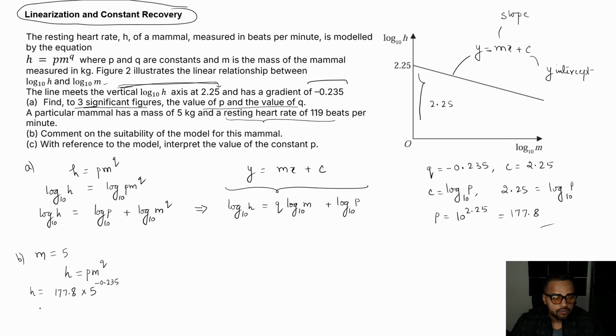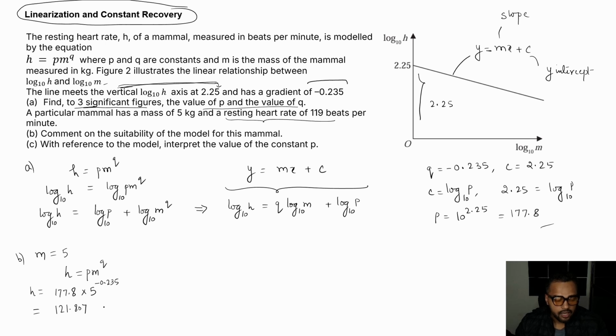Okay, so the value of h here, if I calculate, will be equal to 177.8 times 5 raised to the power negative 0.235 equals 121.807.